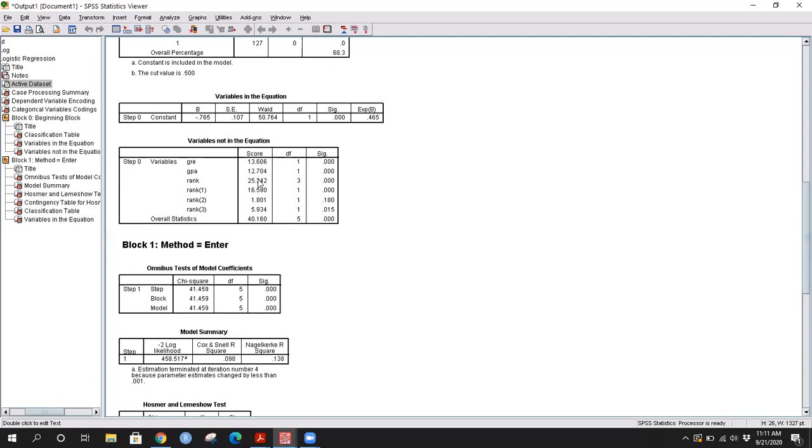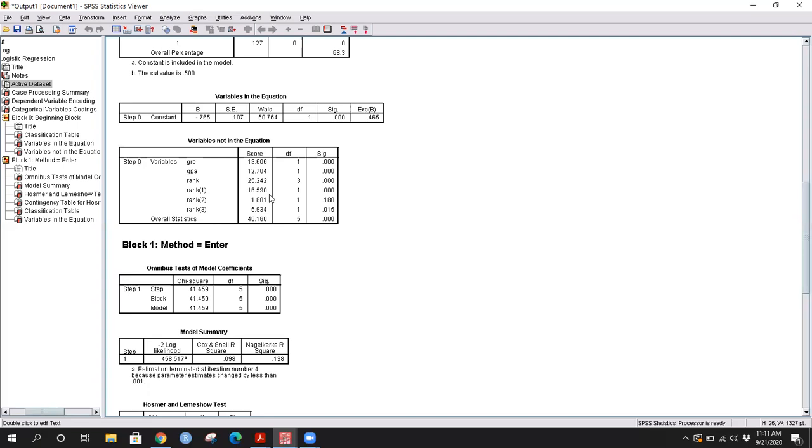Scores are nothing but the estimated change in the model fit if the variable is added to the model. So the score is a test statistic for the Lagrange multiplier test, and the null hypothesis of that test is as follows: the variable does not contribute significantly in improving the fit of your model.